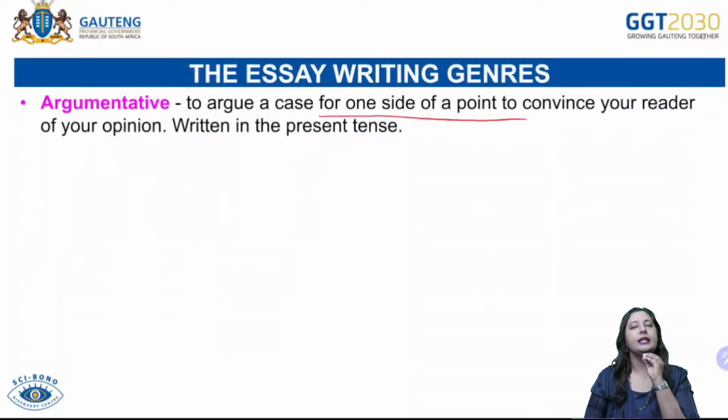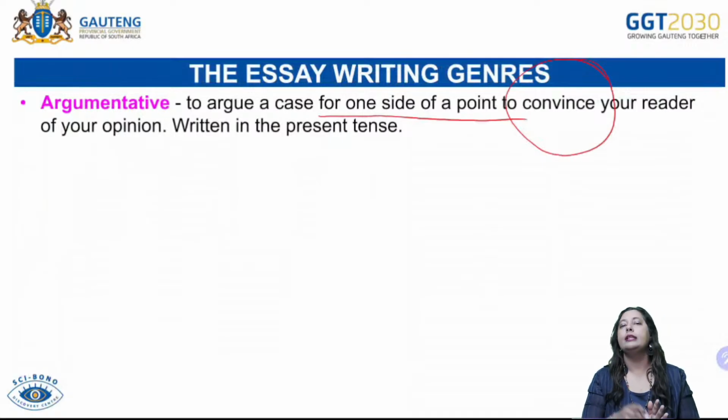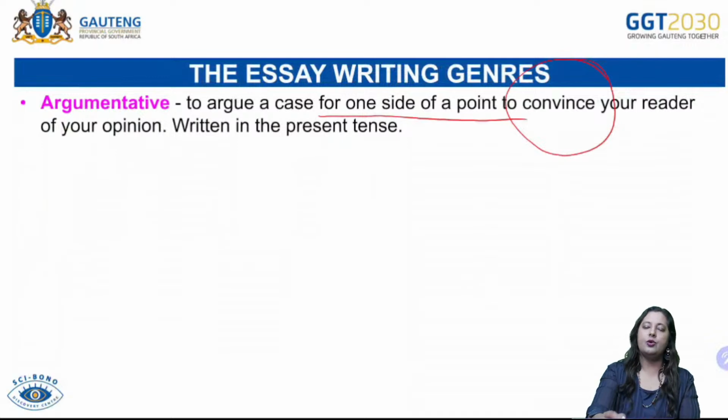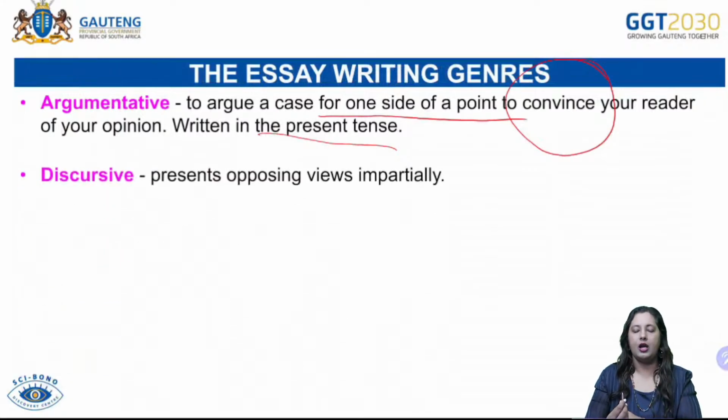Okay. And therefore, grade 12s, you are going to make sure that you convince the reader, in this case, the marker, of your opinion and make her or him believe that what you're saying is the gospel truth, and therefore they need to give you the good marks for that. All right. So this is usually written in the present tense, and that is important. Okay, because it's taking us through that one-sided argument.